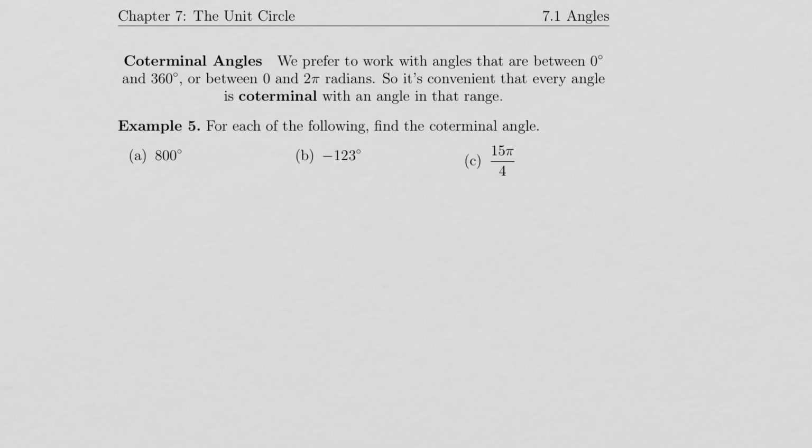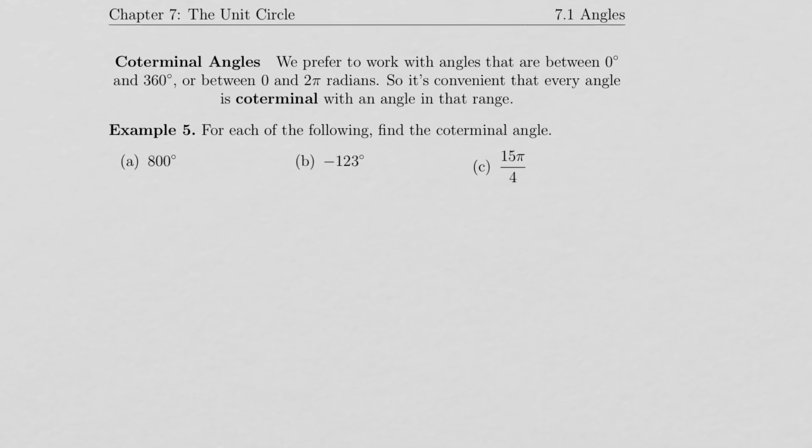Often we're going to prefer to work with angles that are between 0 and 360 degrees, or correspondingly, if you're in radians, between 0 and 2 pi radians. It turns out that any angle that we have is going to be coterminal with an angle in that range from 0 to 360 or 0 to 2 pi.